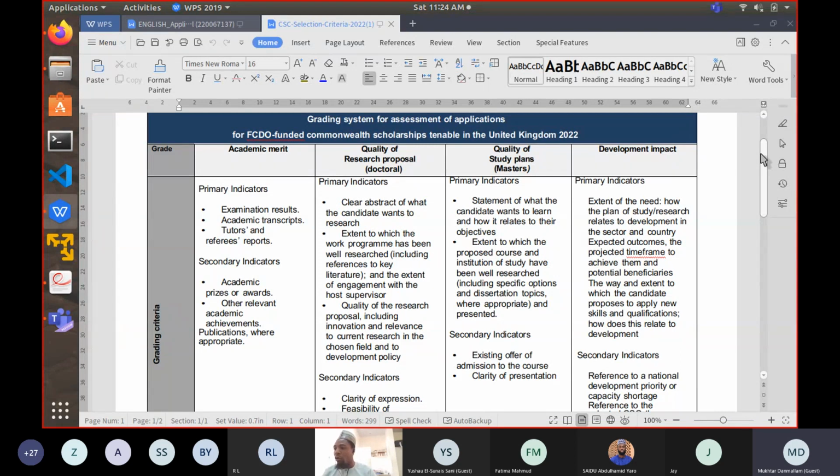And then, added to this, the secondary one is that for the master's, one must secure admission separately from the university. The Commonwealth has some universities that they already have an MOU with. So you go through the list of universities that have an MOU and apply for admission separately.